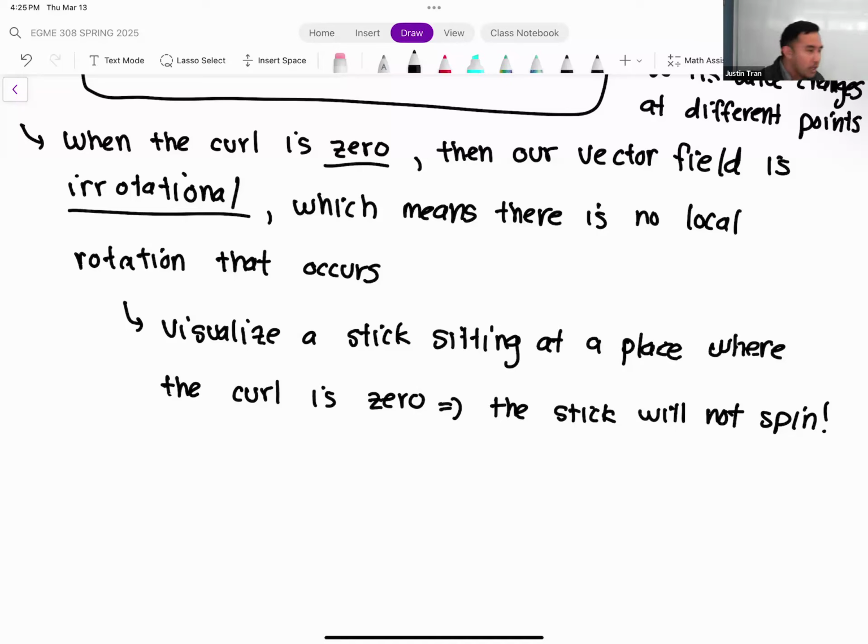Now it's possible for a vector field to be irrotational everywhere, so that everywhere there's no curl at all.